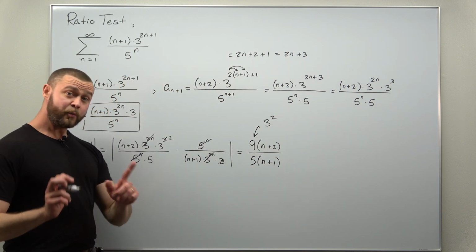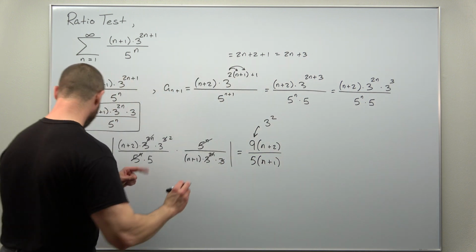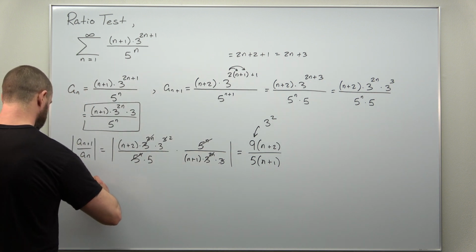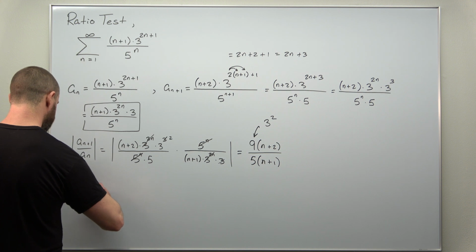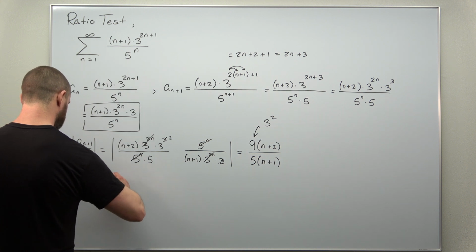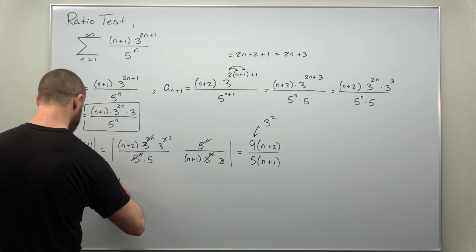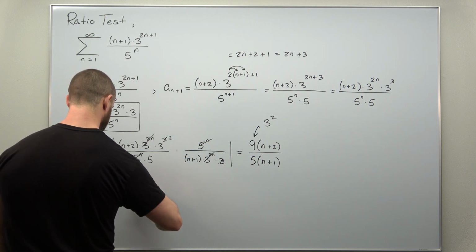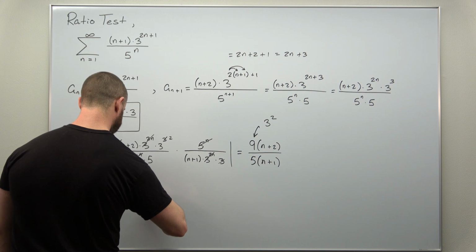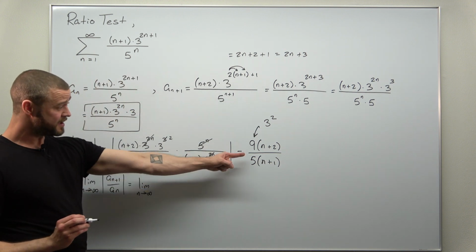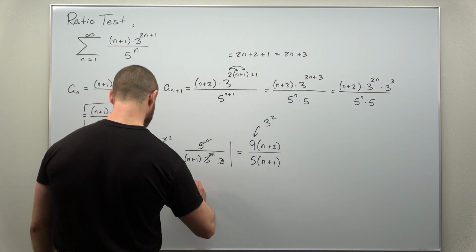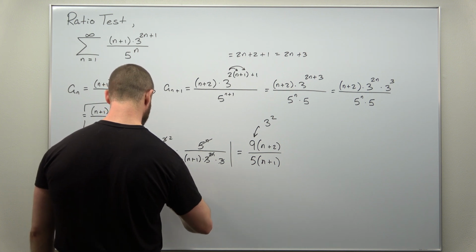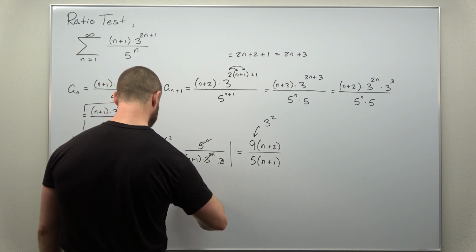All right, and here we can now take the limit of that and calculate L with the ratio test. The limit as n goes to infinity of the absolute value of the ratio. And that comes out to calculating the limit as n goes to infinity of 9 times n plus 2 divided by 5 times n plus 1.